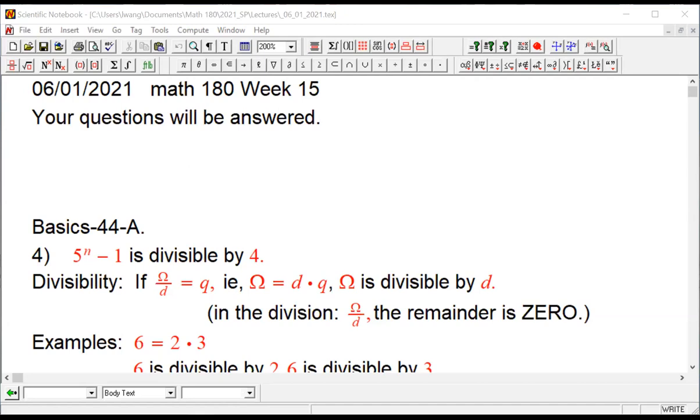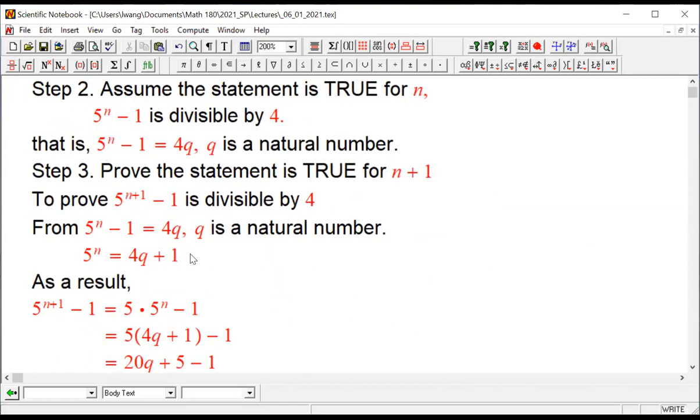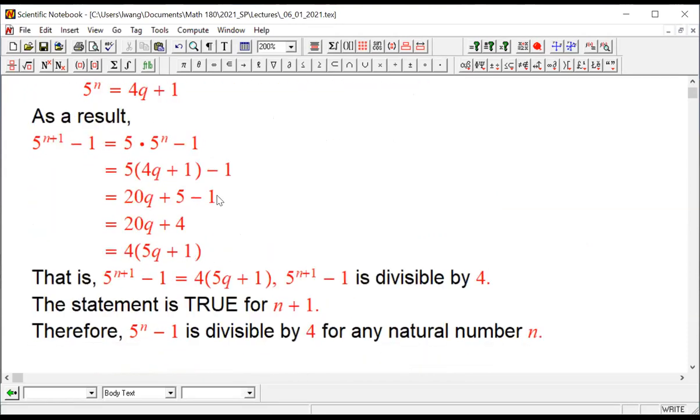In step 3 for the last one we did, why did you write 5 times 5 to the n minus 1? Step 3 for number 4? Here? The first step under "as a result".